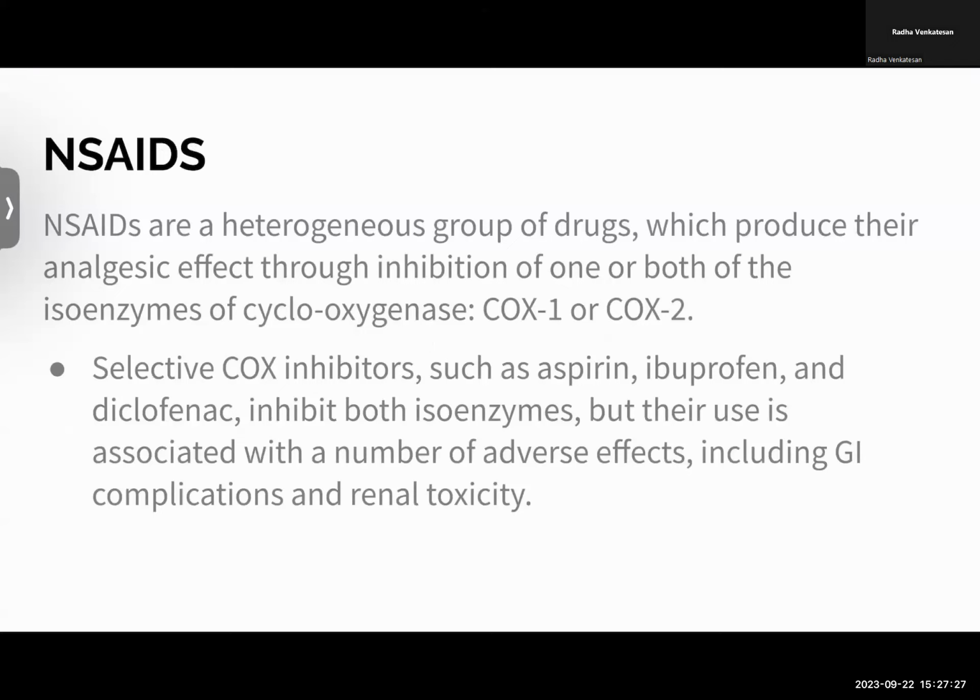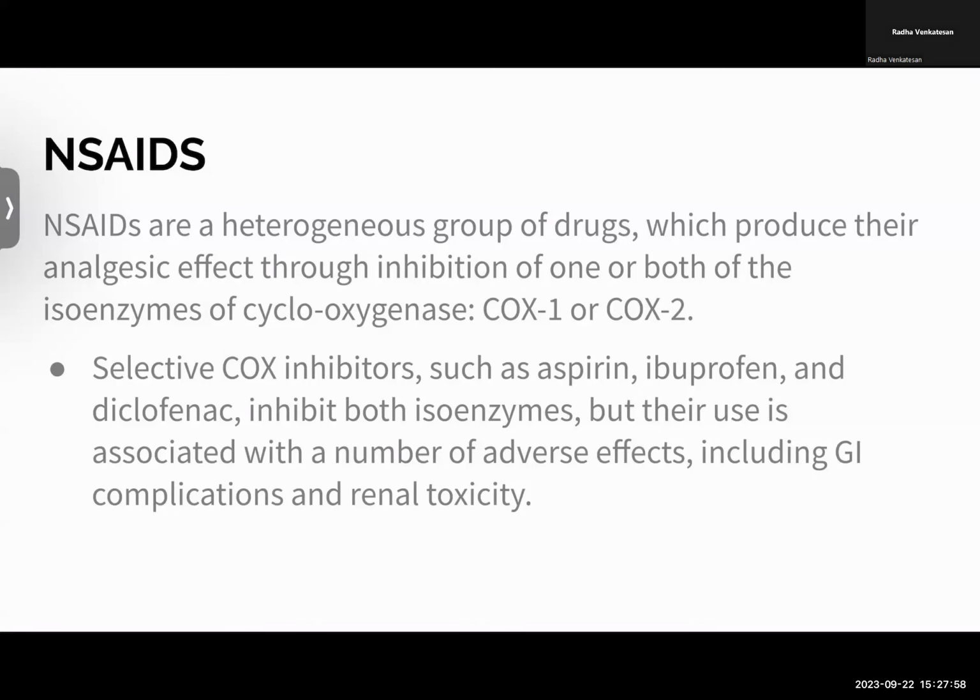Next is NSAIDs. NSAIDs are a heterogeneous group of drugs which produce their analgesic effect through inhibition of one or both of the isoenzymes of cyclooxygenase, COX-1 and COX-2. Basically they are a group of drugs which give pain relief through inhibition of these isoenzymes.